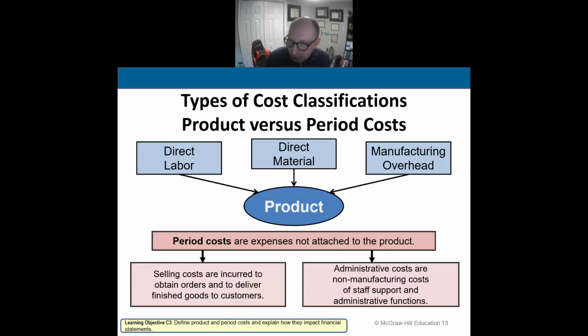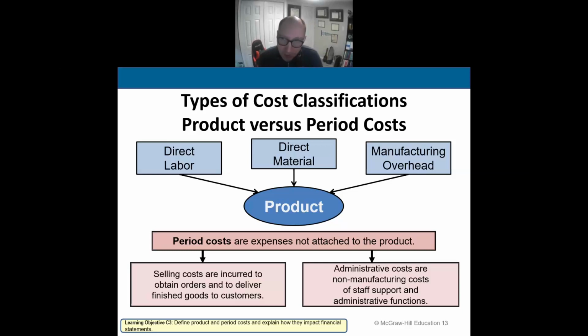There are related costs. They're related to that manufacturing process that are also allocated to the income statement, balance sheet during the accounting period. These would be selling and administrative expenses.